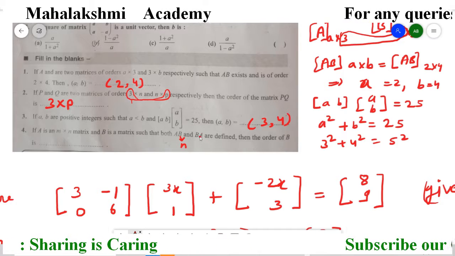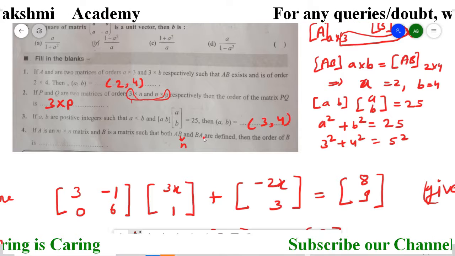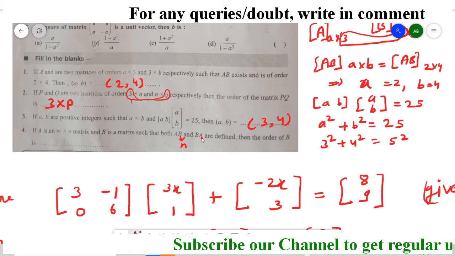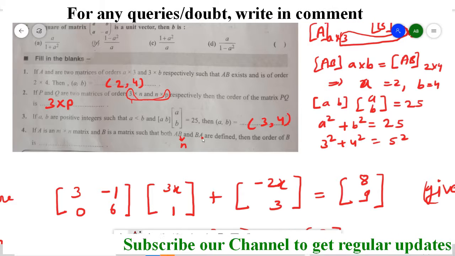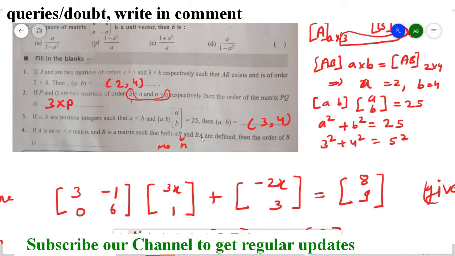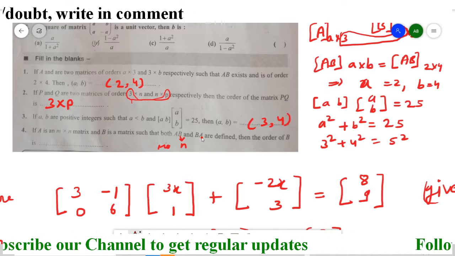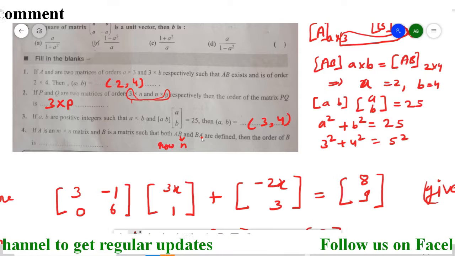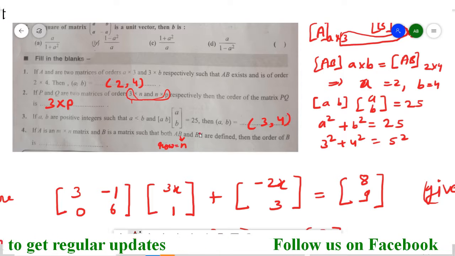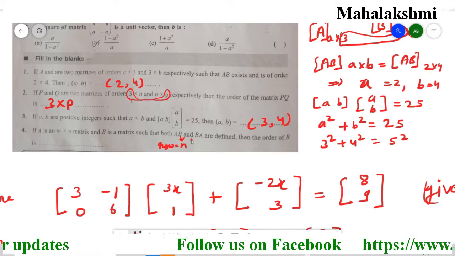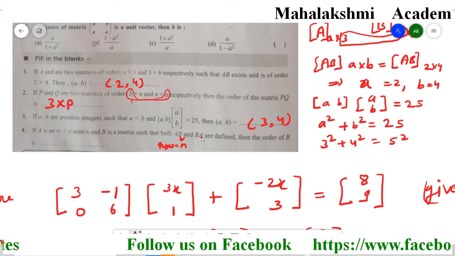Now again BA is also defined. If BA is defined, then B's column is equal to A's row. So here I will write down the row, because otherwise you will get confused. So student, here A's column is equal to B's row. Now B's column is equal to A's row.